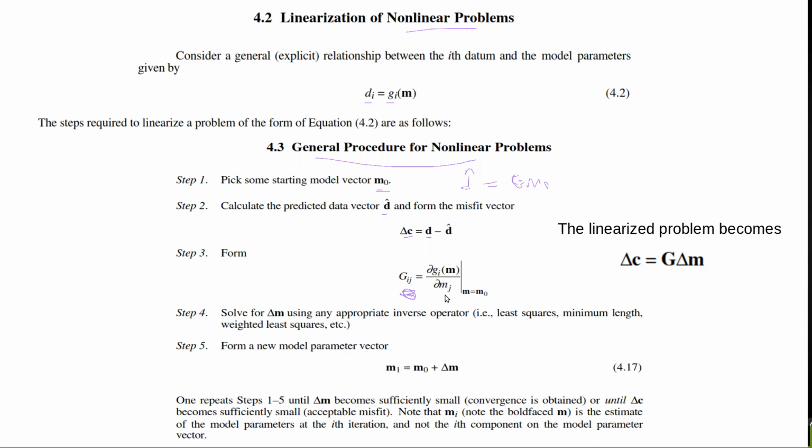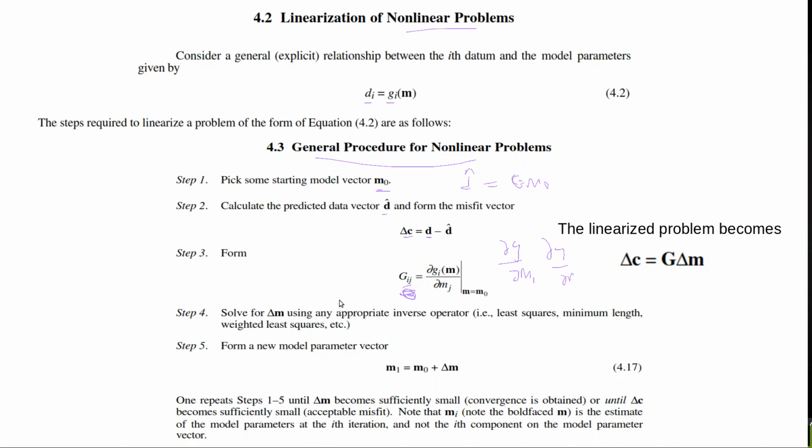So if there are, say, two model parameters, then it will be G with respect to M1 and G with respect to M2. So you find the partial derivatives with respect to these model parameters, and then you evaluate these derivatives at M naught, the starting model. So you evaluate this, and then you get a G matrix.